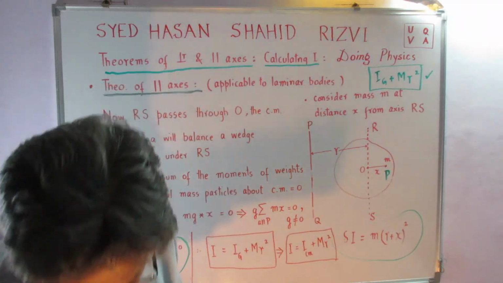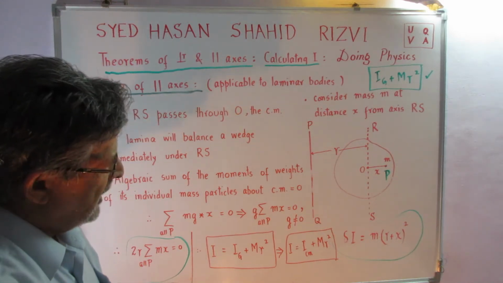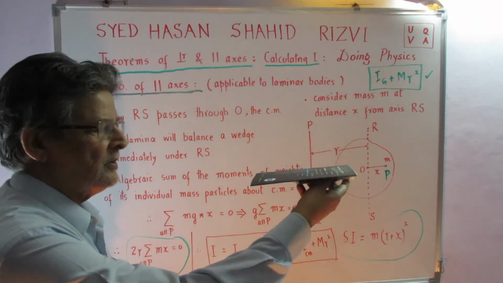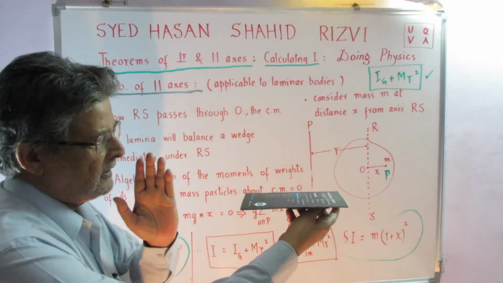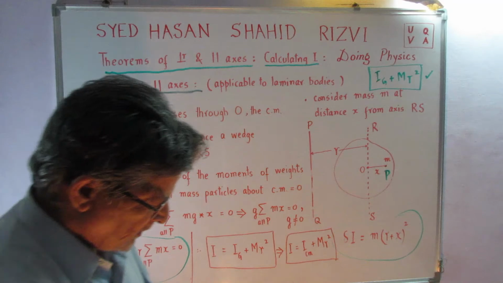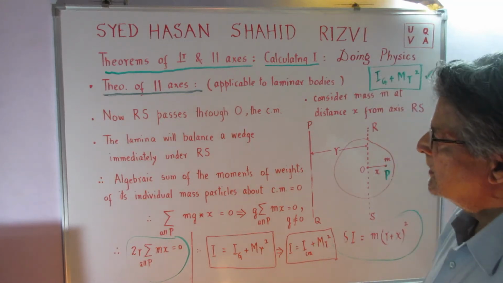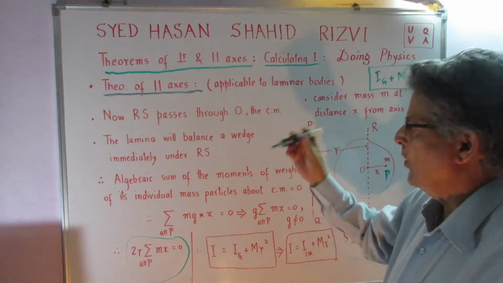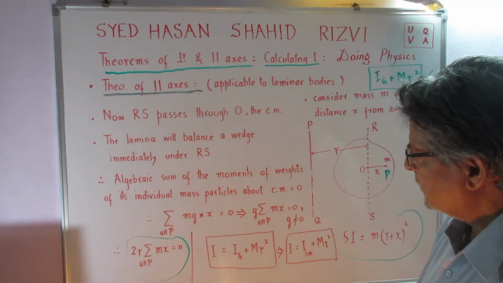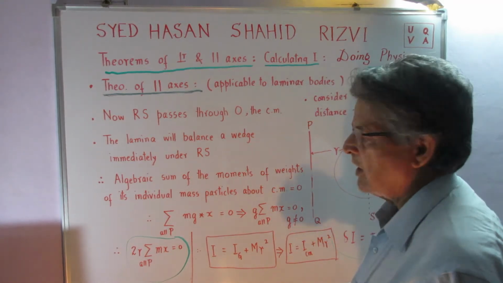The axis is passing through the center of mass, and if I put a wedge under RS, and I am able to balance the body on that wedge, on a kind of a sharp and long knife edge, then because RS passes through O, RS is the original axis for which the center of mass is known and the moment of inertia is known to us.